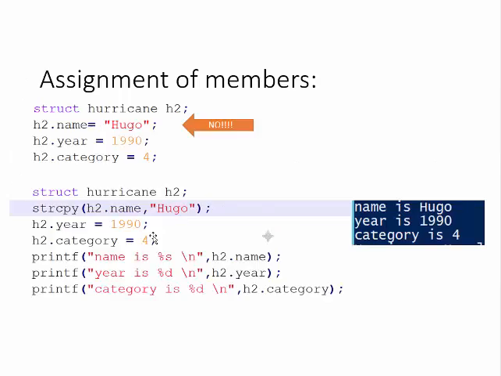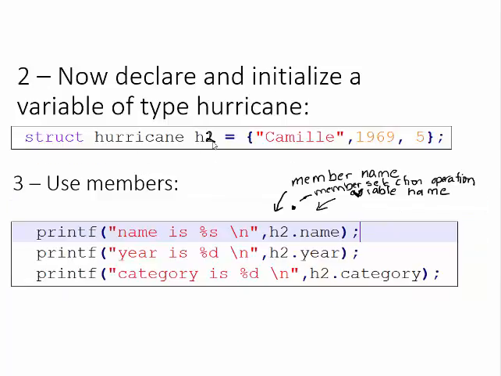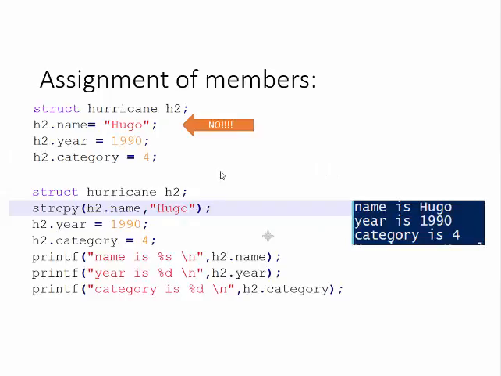Oh, assign. So I had one example of assigning members, declaring a new type of hurricane. Here I had an example, and I also had an example of assigning the values to it. So you can also do it this way. So h2.name equals, and it turns out for this, the way I've declared it, this doesn't work, so I have a no right here.